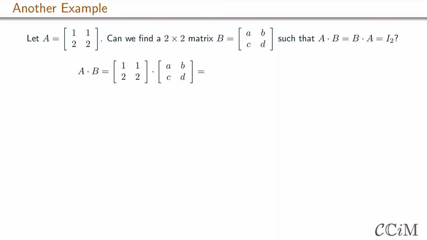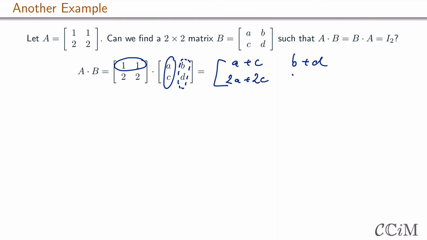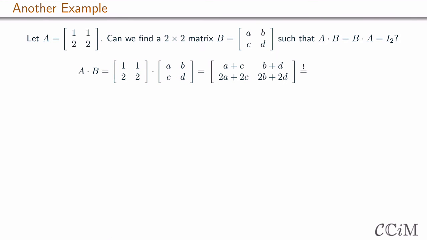What is A times B? A times B equals 1 times a plus 1 times c. And for the next entry, I get b plus d. Then I have 2a plus 2c here, and 2b plus 2d over here. And we need that to equal the identity matrix.